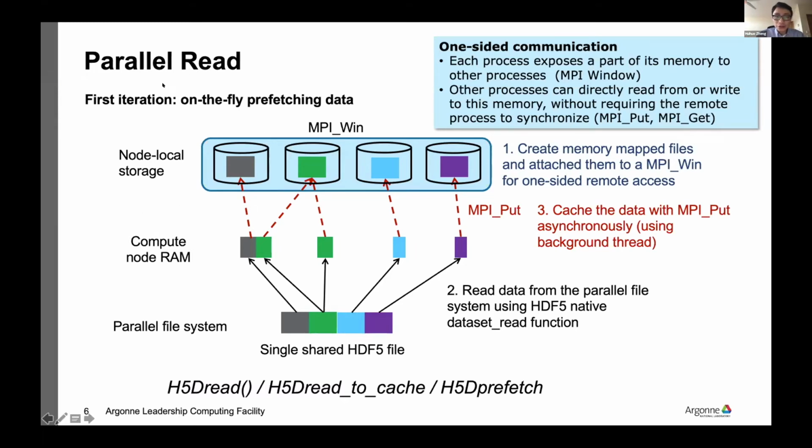First is what we call on-the-fly caching of the data. Basically, for example, in the first iteration, when the application reads part of the data from the file, it will immediately cache that to the non-local storage using a background thread. This is the first approach.